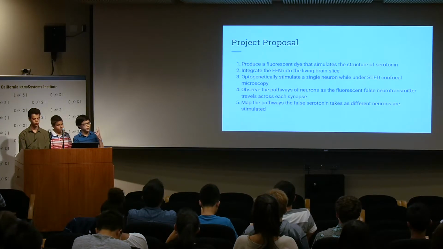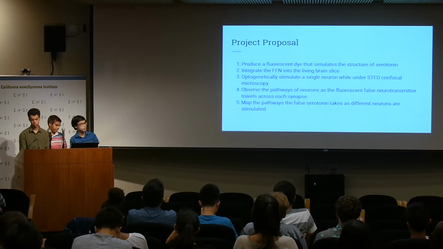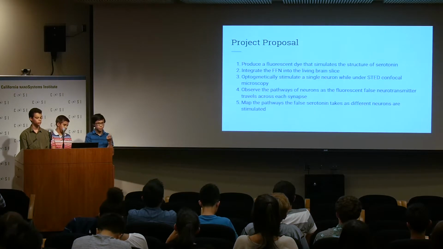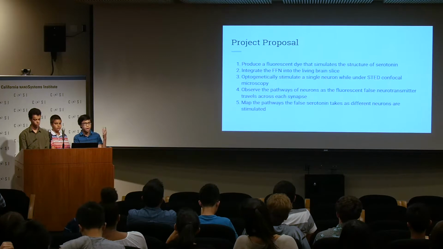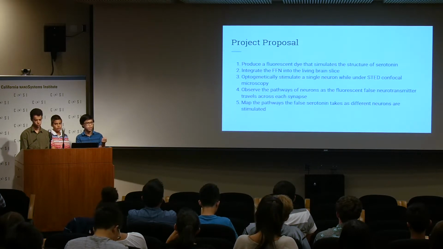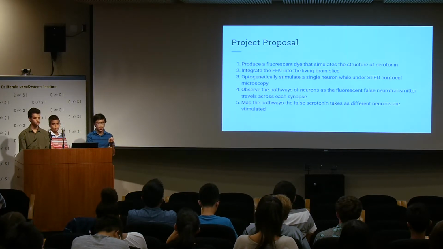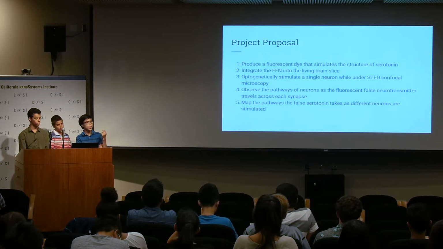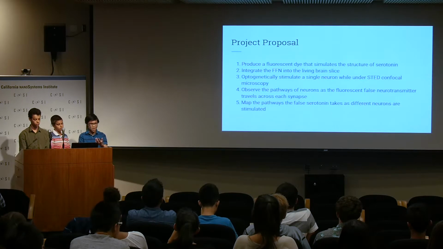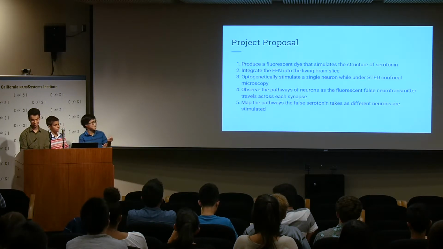After research, we decided to propose this for our project. First, we would introduce a fluorescent dye which would simulate the structure and function of serotonin, so it would be able to be passed along through synapses when neurons fire. Secondly, we would integrate the FFN into a living brain culture of adult mice, along with an optogenetic actuator. Now, you might be thinking, what the heck is an optogenetic actuator?